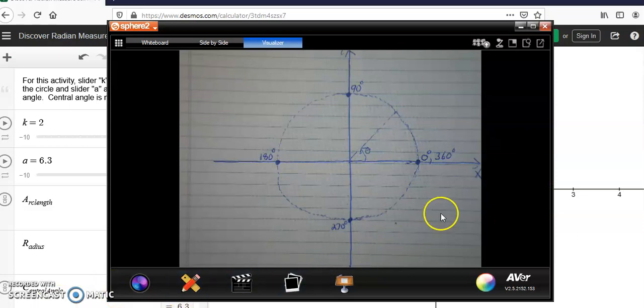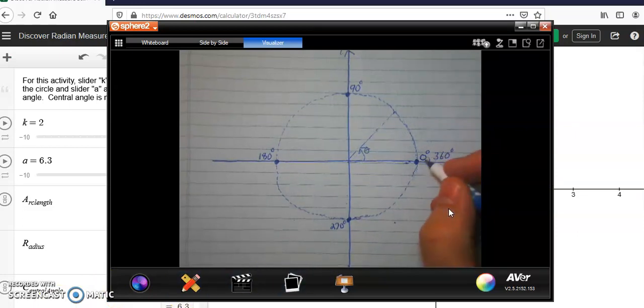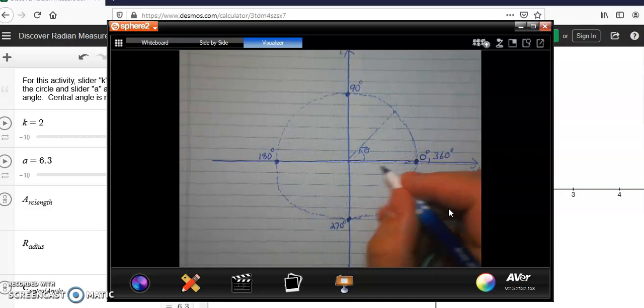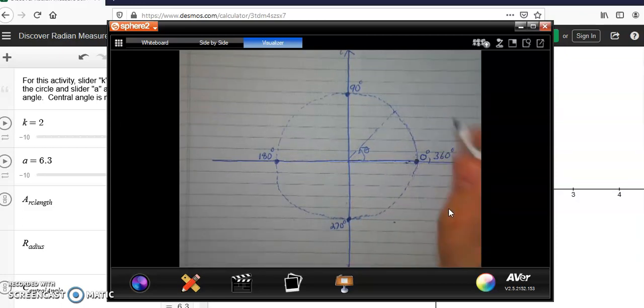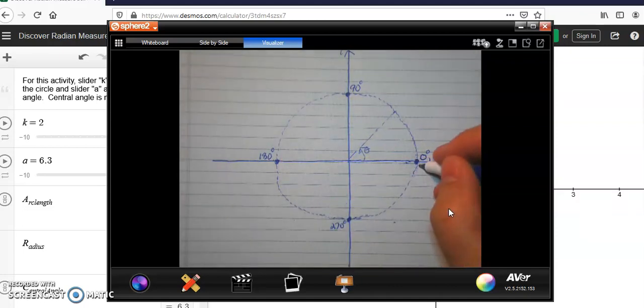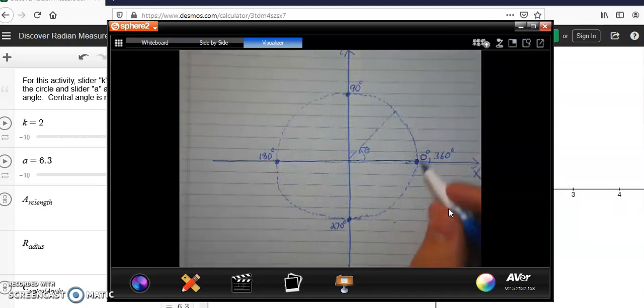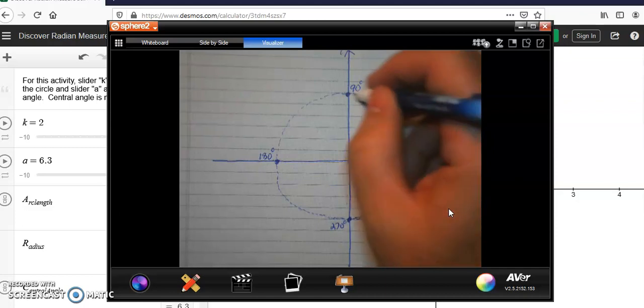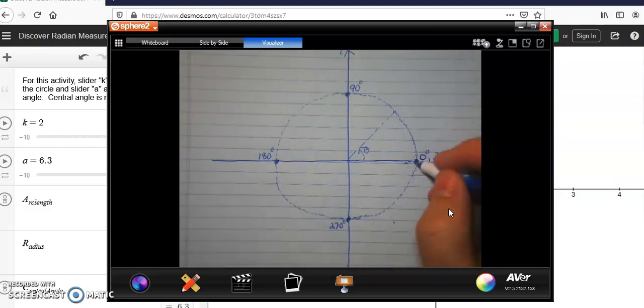So if we look at our angle measures, 0 degrees will be the same thing as 0 radians. Basically, you didn't go anywhere. And then as you go to 90 degrees, and then 180, 270, and 360, let's think about how many radii would be on the circle. Well, remember, the circumference of the circle is 2 pi r.